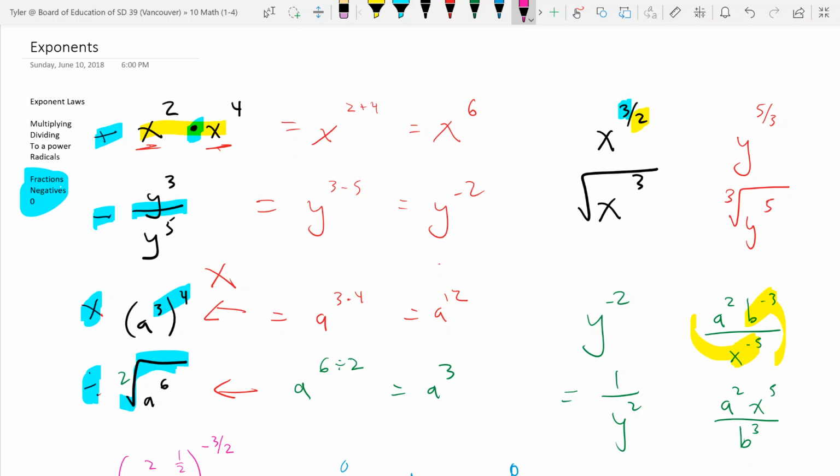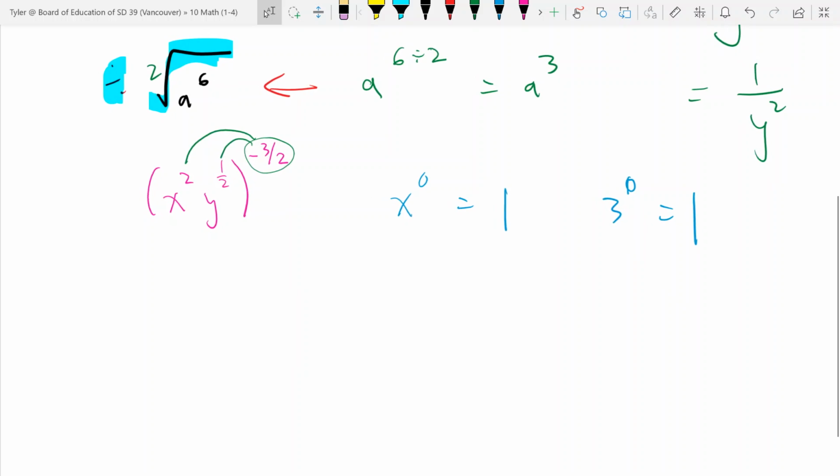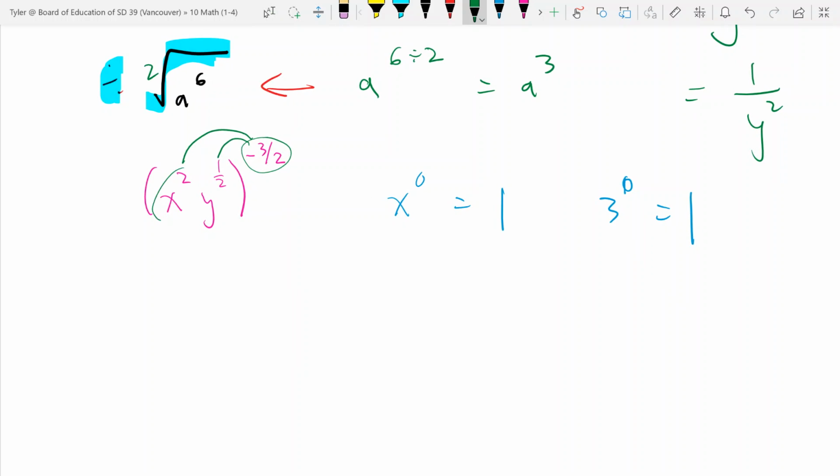The way this is going to work, kind of like the distributive property, is this exponent is going to apply to everything inside the bracket. So x squared times negative 3 over 2 is negative 6 over 2. And then y is going to be negative 3 over 4.